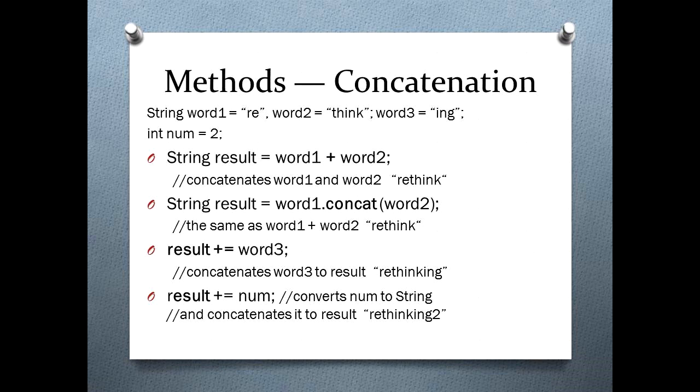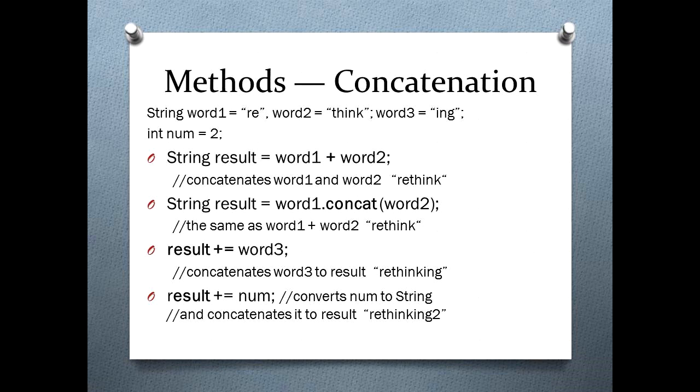Put together it will become rethink, using the plus operator. Now by using the method concat also we can do it, that is string result is equal to word 1 dot concat word 2. By using this concat both the words get joined into one string called rethink.